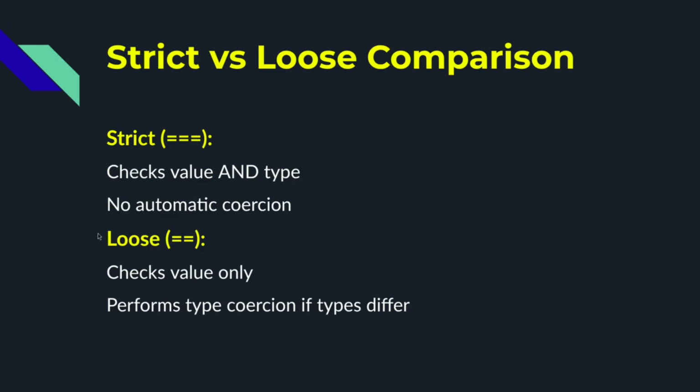Then this loose one checks for the value only, it doesn't mind about the type. So this performs what we call type coercion. If the types differ, it tries to do type coercion, converting from one type to another, and then does the comparison. So this brings about the vulnerability.